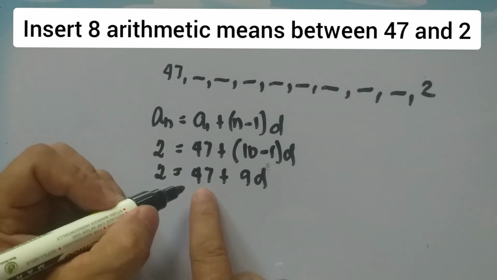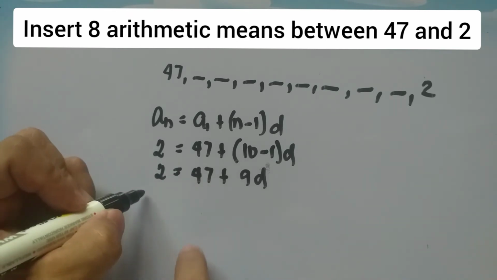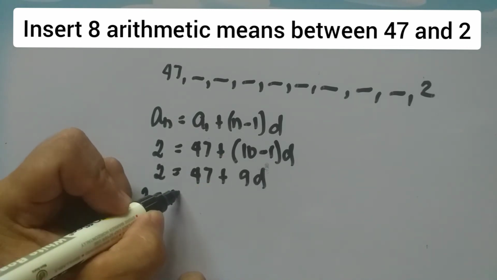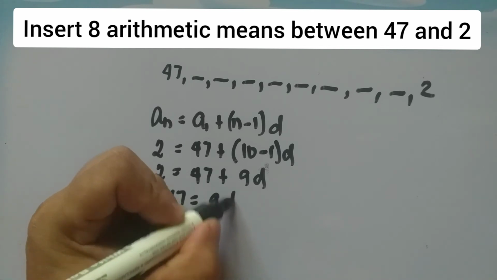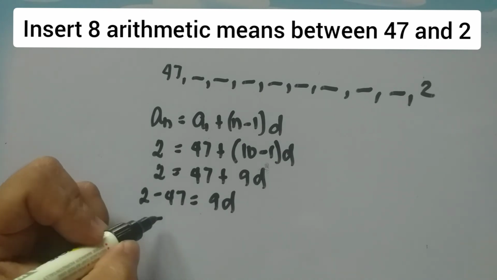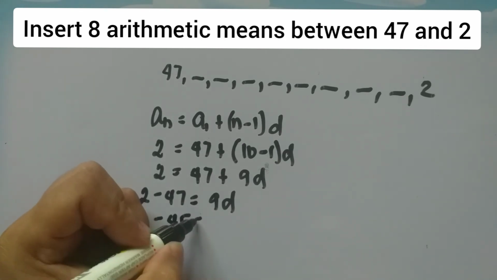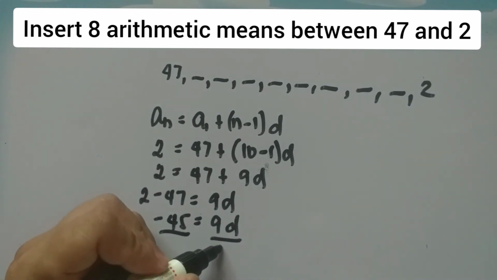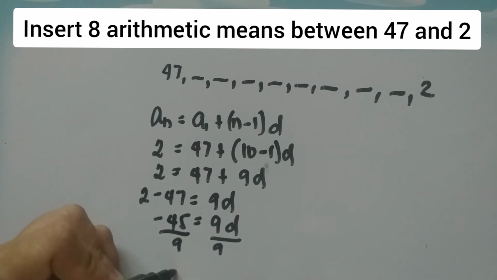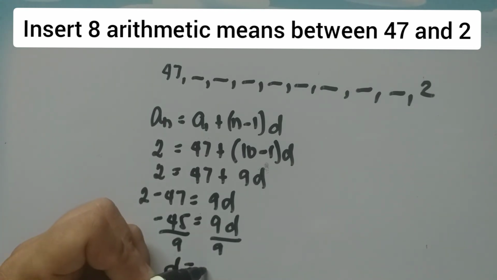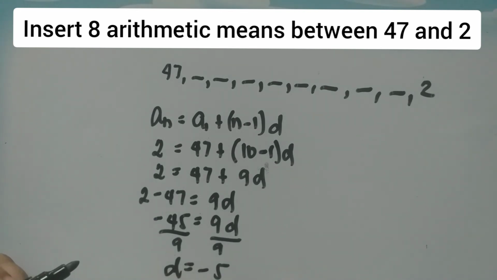Then we're going to move 47 to the left side of the equation. So 2, from positive 47 will become negative 47, is equal to 9d. 2 minus 47 is negative 45 is equal to 9d. Then divide both sides of the equation by 9. So d is equal to negative 45 divided by 9. We have negative 5. So we have a common difference of negative 5.